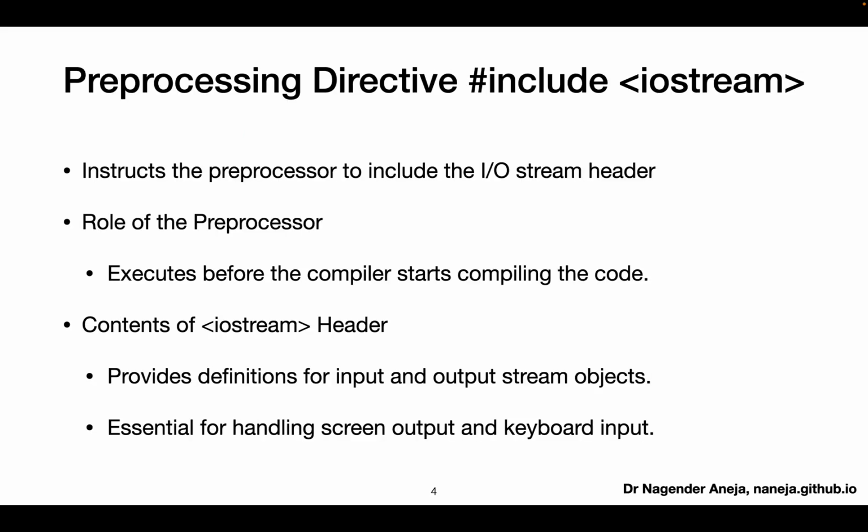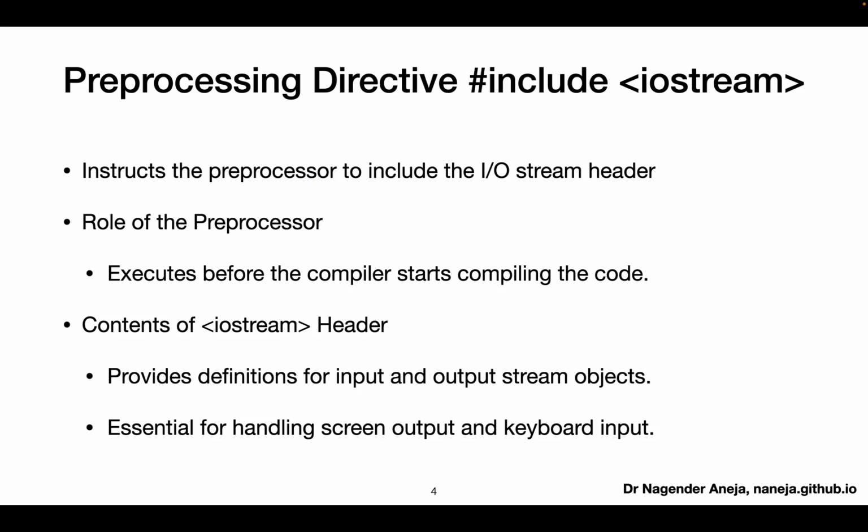Next, we have used hash include IOStream, and this IOStream is between the angle brackets. IOStream or different library headers will be within the angle brackets after hash include. Hash include is our preprocessor directive. It instructs the preprocessor to include the contents of IOStream into our file, so that we don't have to reinvent the wheel.